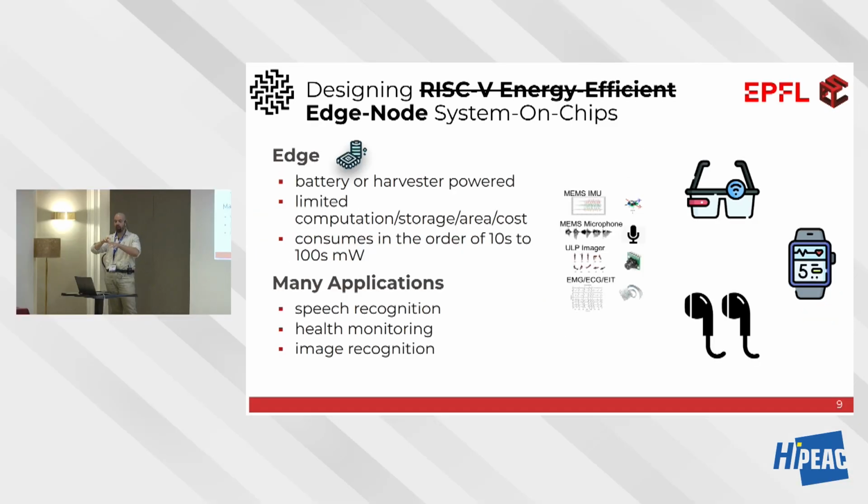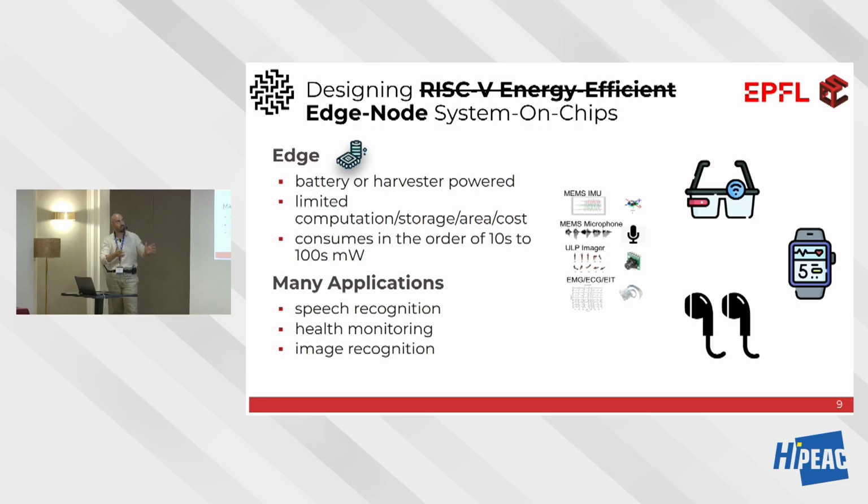You have the package with all the cooling around it, because they dissipate a lot of power, while the ones in your embedded systems, on your wearables, are very, very tiny. Even with the package, they can be worn on rings, smartwatches, earphones, and so on. So as you see, they are very different.